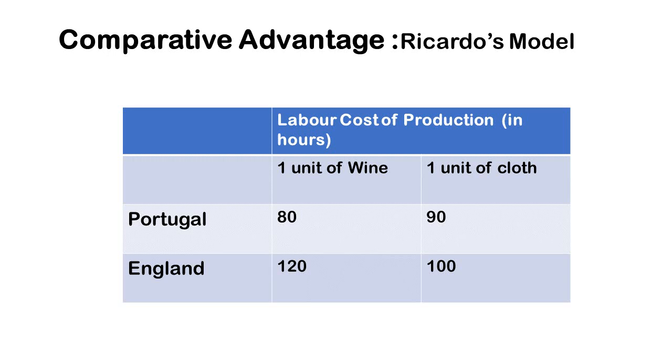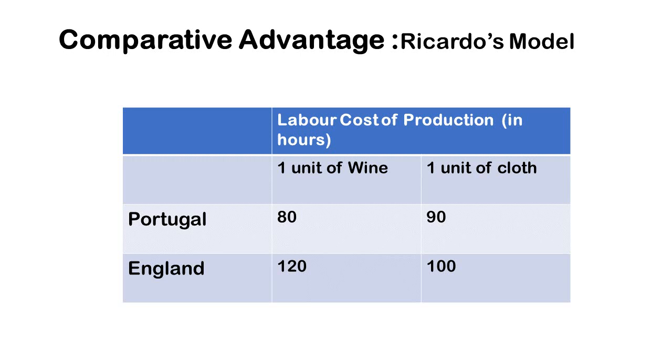So we cannot explain international trade with the help of the absolute advantage theory developed by Adam Smith in this context, because Portugal has an absolute advantage over both lines of production. According to Ricardo, mutually beneficial international trade is possible even in such a situation.